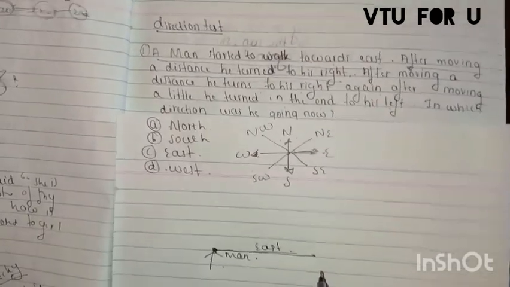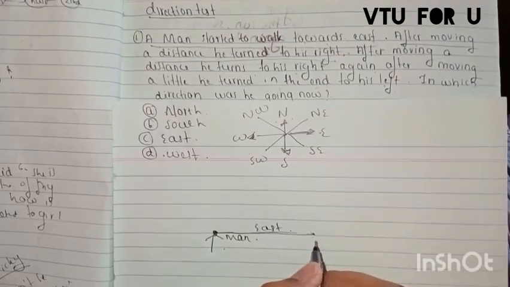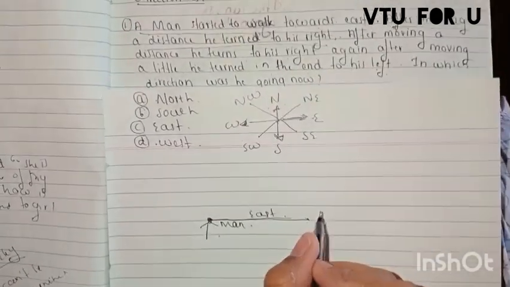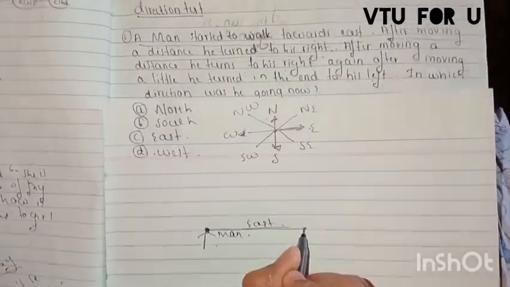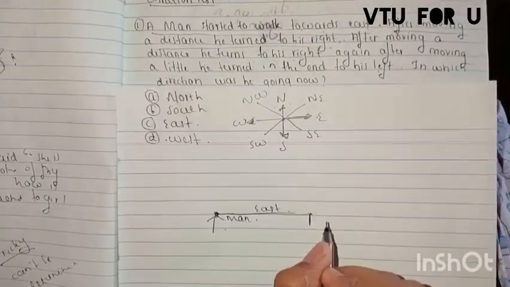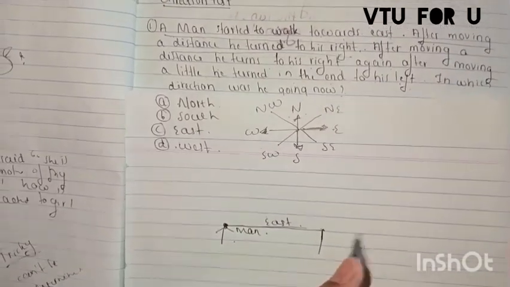Then simply whichever is your right-hand side will be right, and whichever is your left-hand side will be left. The most important thing here is which direction you are standing in, east, north, south or west. You are standing here looking towards east, and this is your right-hand side at that moment. So he is going to turn right.